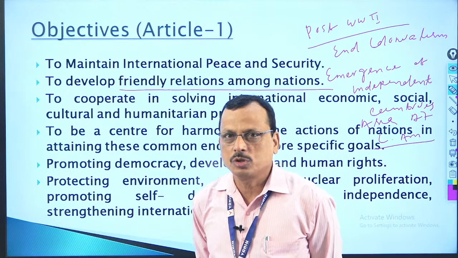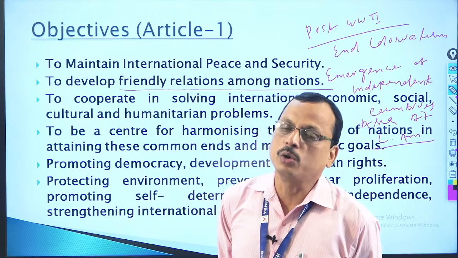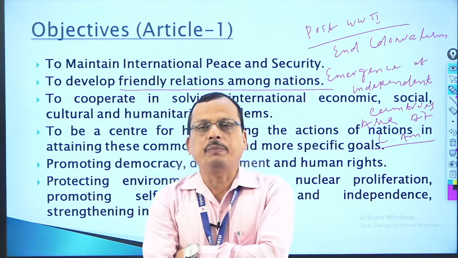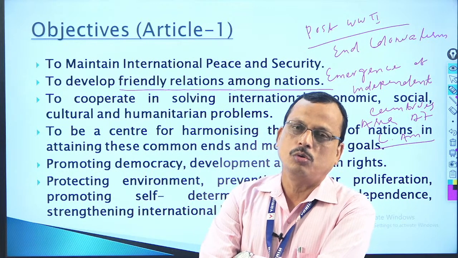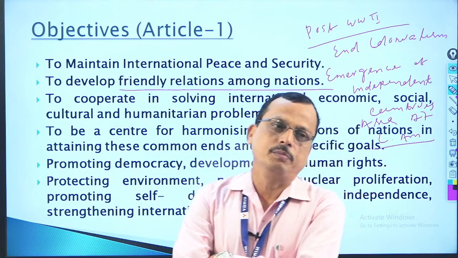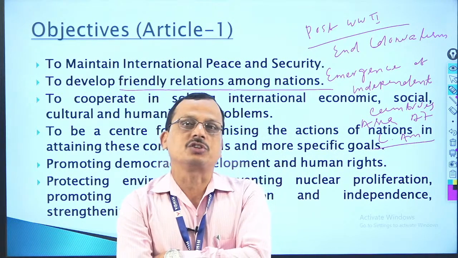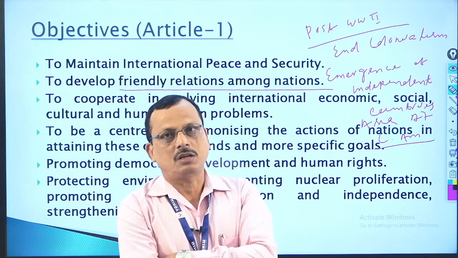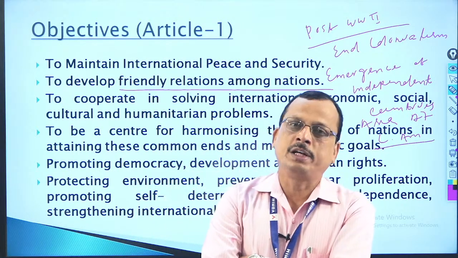The days of colonialism were over and hundreds of countries became free from colonial rule and gained independence. When a country became independent, obviously it would try to develop relationships with others, because earlier, under colonial rule, the colonial master maintained relationships according to its own suitability.